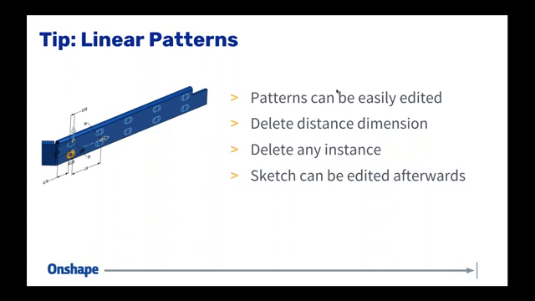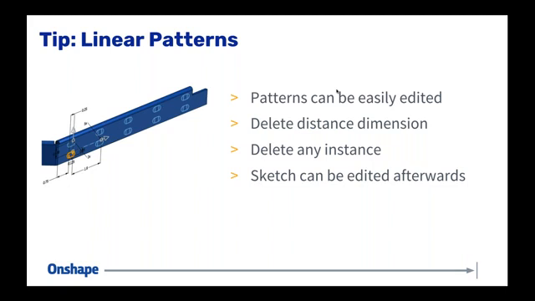That's not a dumb number, so to speak. It needs to measure the distance to the end of the part and then figure out what is the evenly spaced 6 instances across that distance. So it's a little bit more intelligent in terms of how it behaves. You can do that in Onshape. You could delete the distance dimension and replace it with some other dimension that better reflects your design intent.